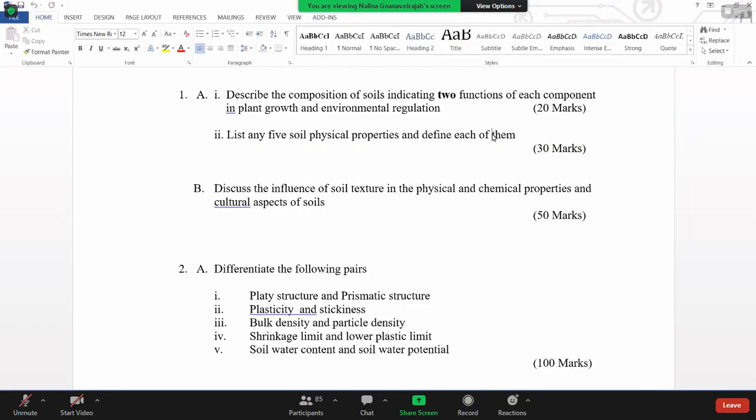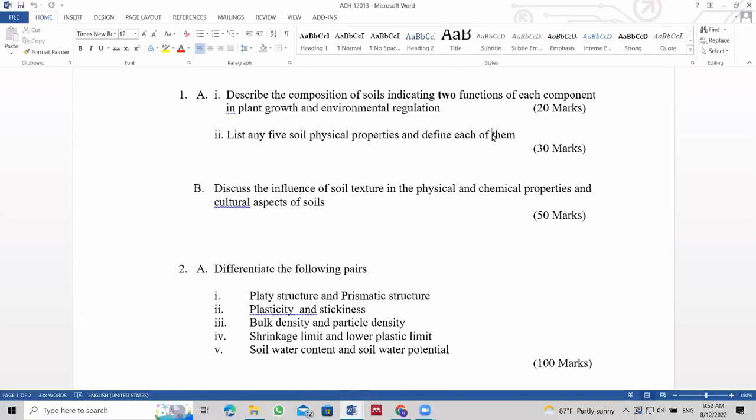The soil particles are the mineral matter. Sand, silt, clay particles are the mineral matter. So what are the functions of that solid mineral matter?